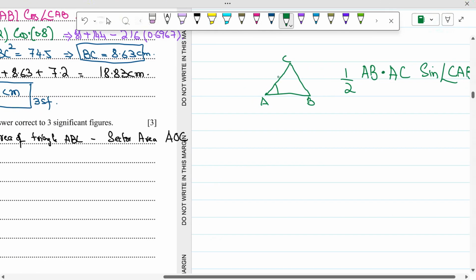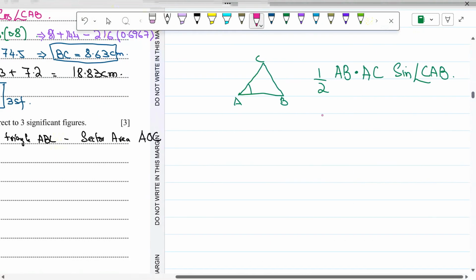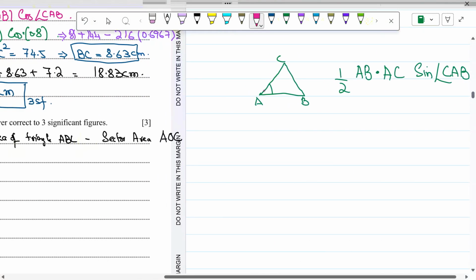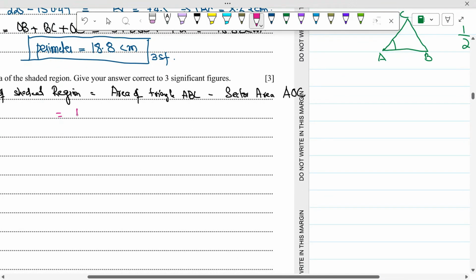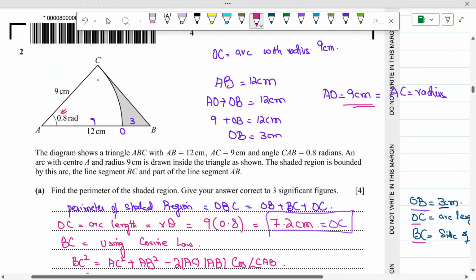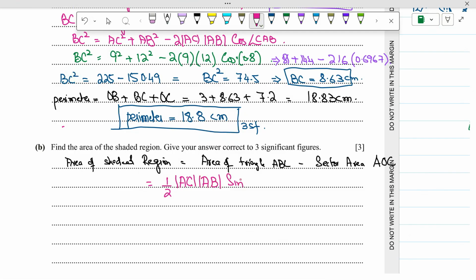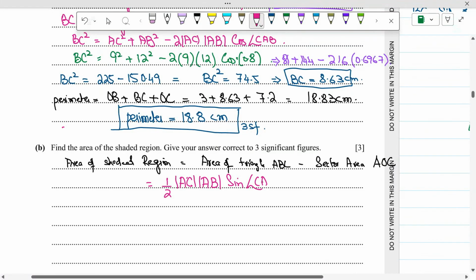This is the area of the triangle, and we can use this formula in this case because we have the value of AB and the value of AC, and we also have the angle between them. So 1 over 2 AC and AB and sine of the angle between them, which is angle CAB, minus area of the sector.